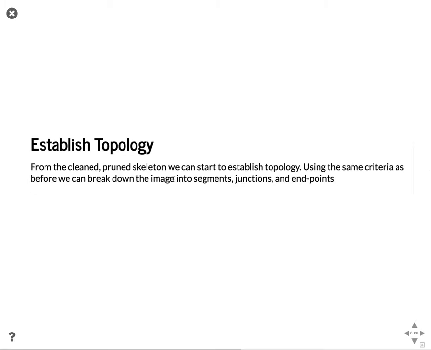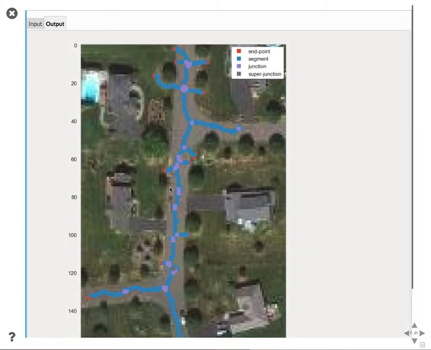So once you've kind of established this, you can now actually go and try to extract all of those individual points and get things organized in a list format or in a more graph-like format. And so here, if we take all of the points that we have, we can just plot them on top of the image that we had before, where we plot the junctions or superjunctions in sort of purple, the segments in blue, and the endpoints in red.